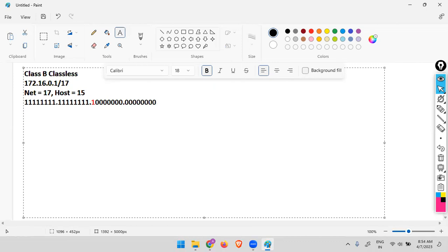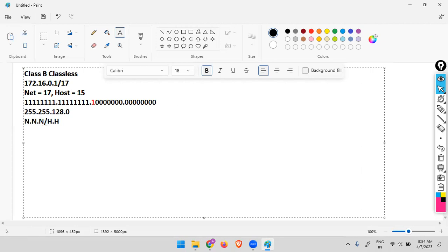Which is the interesting octet here? Third. Correct. So if I write the subnet mask, 255.255.128.0. That means I can say network, then my interesting octet, which has network and host both, and then purely host. So again, we need to focus on only one octet, the third octet.